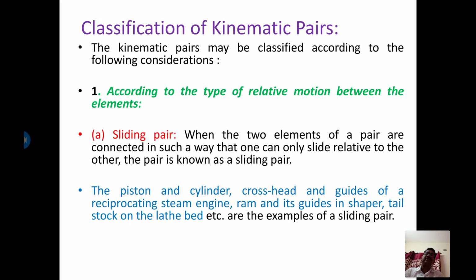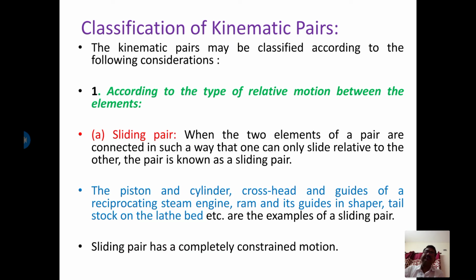The piston reciprocates inside the cylinder, the ram moves on its guides in the shaper, and the tailstock moves on the lathe bed. These are some of the examples of sliding pairs. Sliding pairs have completely constrained motion.